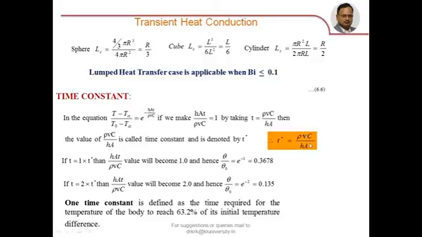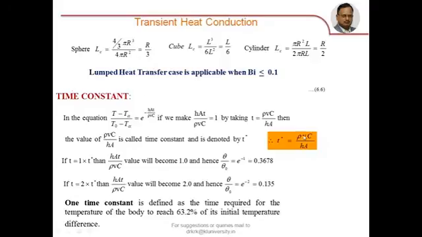And volume by surface area should be less, which means it should be in the shape of a sphere. Thermocouples are, to the extent possible, made in that shape. And it should exhibit a high convective heat transfer coefficient with reference to the fluid medium. So you have to keep the thermocouple in an environment having a high convective heat transfer coefficient, so it responds quickly to the change rate.